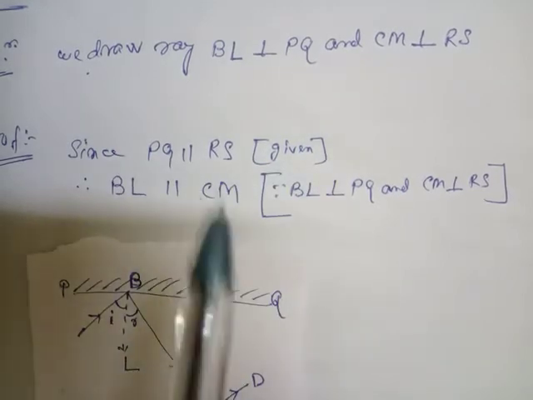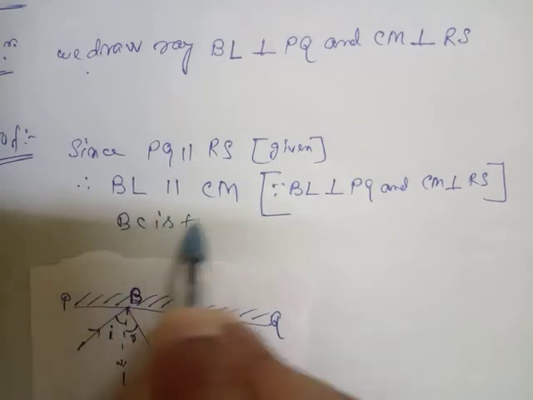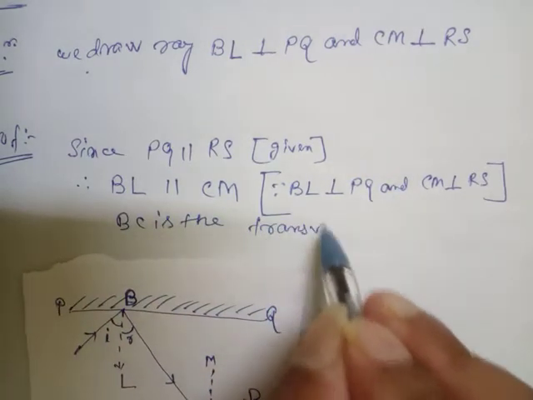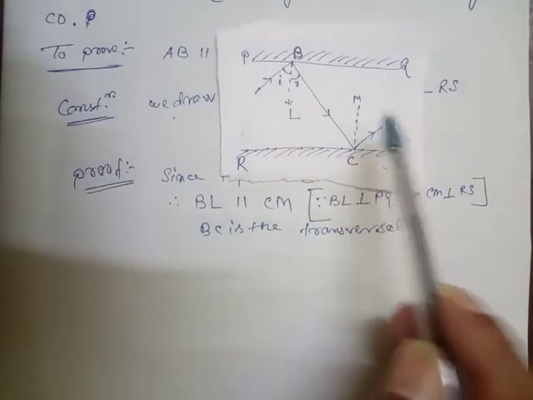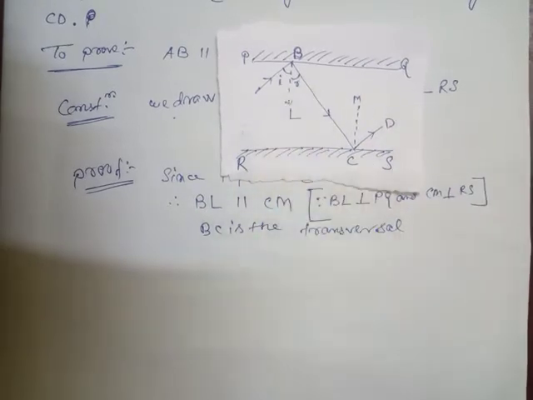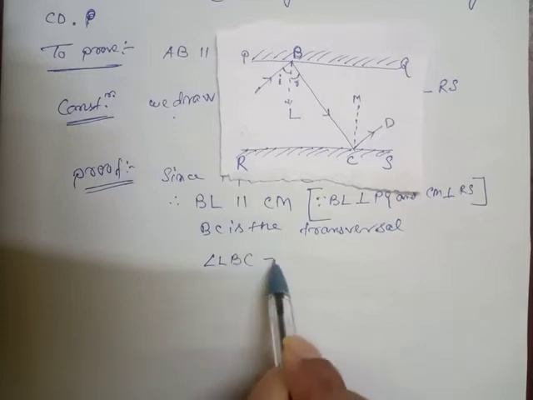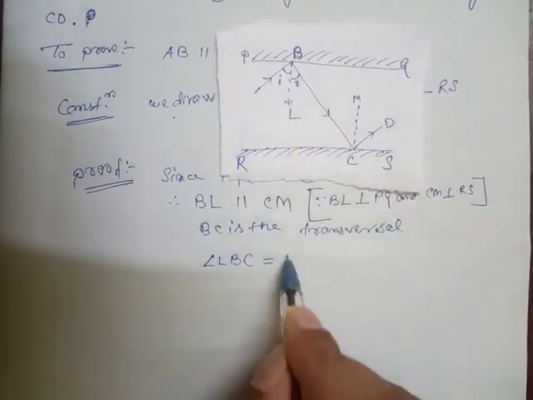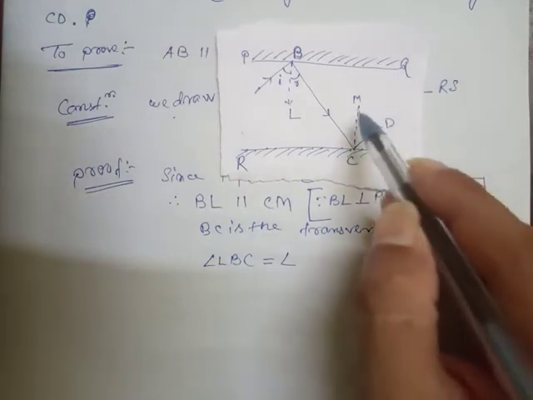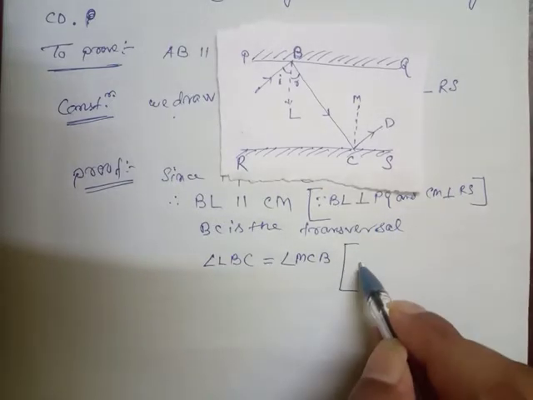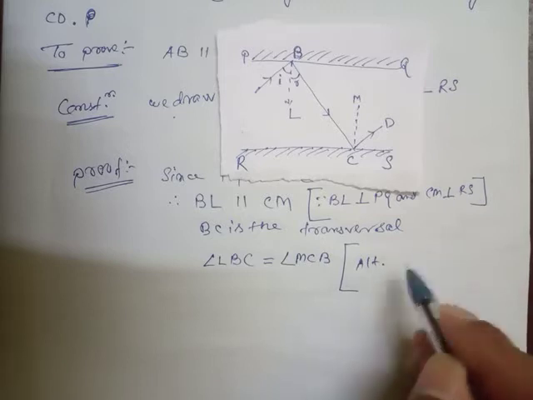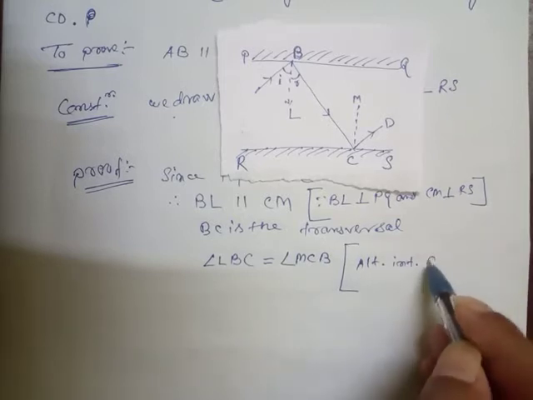So if BL is parallel to CM and BC is the transversal, then we can write here that angle LBC, which means this angle, is equal to angle MCB, this one. Why? This is alternate interior angles.